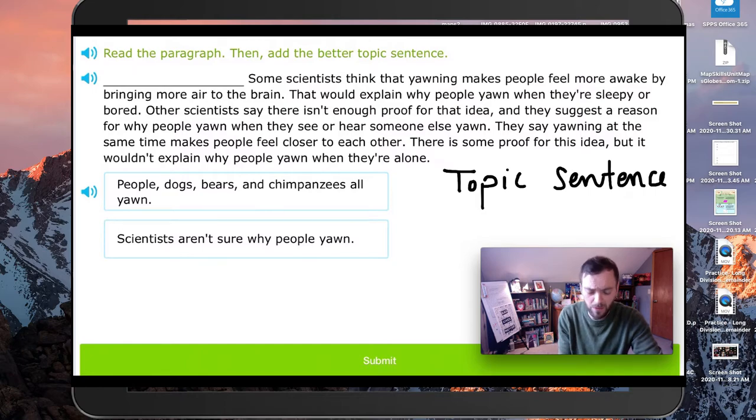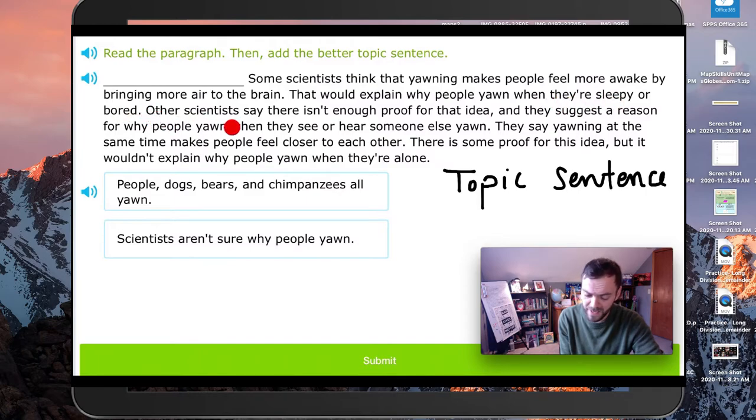So I'm just going to read through this briefly here, and I'm going to see what are all of these facts about. It says, some scientists think that yawning makes people feel more awake by bringing more air to the brain. Now I have more air in my brain. That would explain why people yawn when they're sleepy or bored.